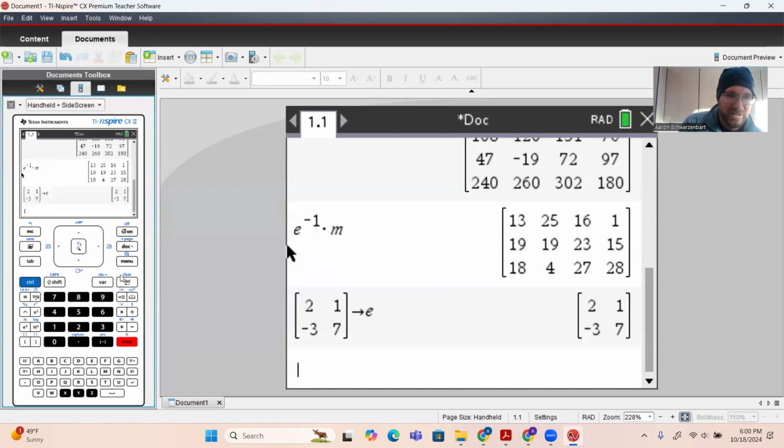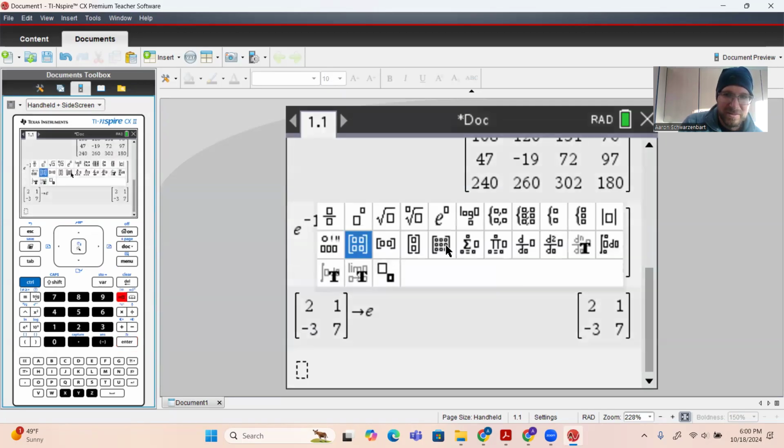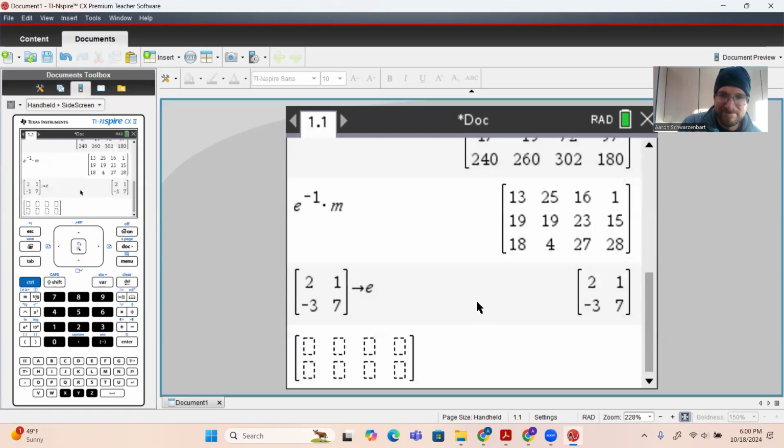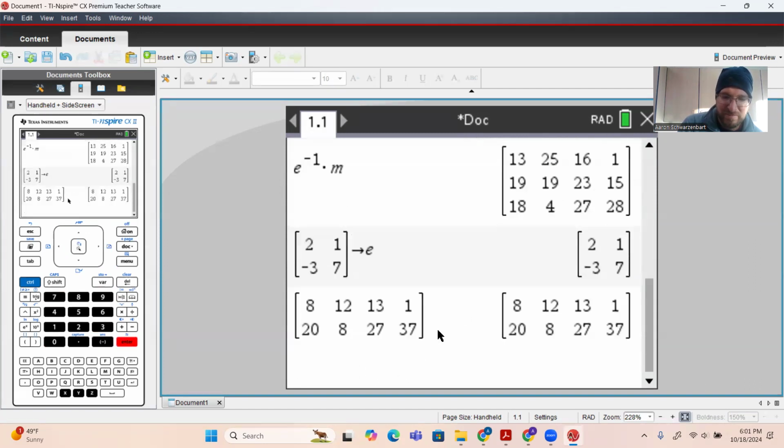That's my new E. This time it's a 2 by 4, so I have to do both of those. 8, 12, 13, 1, 28, 27, 37. I'm going to start as M.